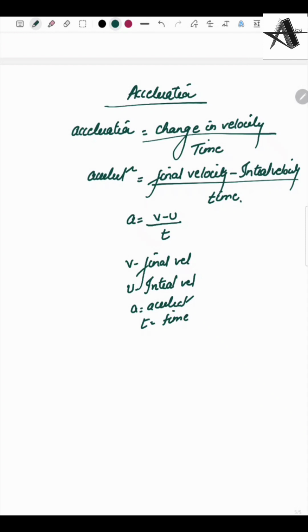The unit of velocity is meter per second, just like I told you. So what is the unit of acceleration? Velocity is in meters per second, over time, which is seconds. So it will be meter per second squared. That's the unit.